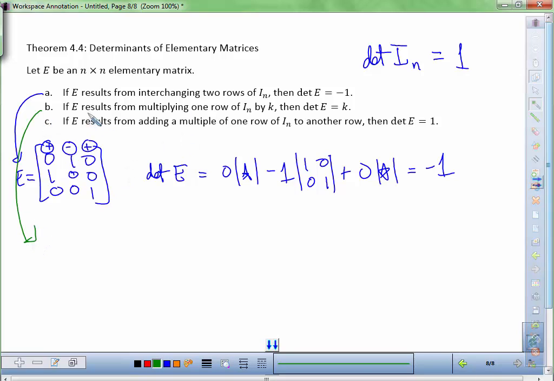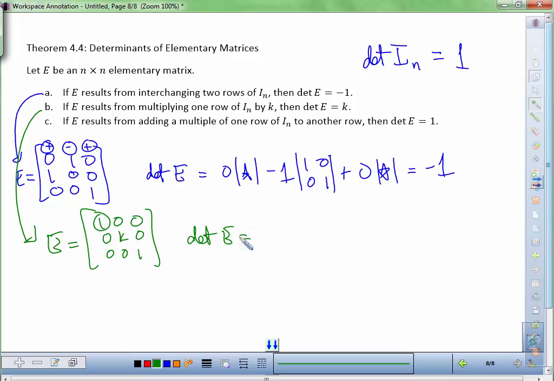For B, let E be the elementary matrix where we multiply one of the rows by K, and let's see what happens there. So let's multiply the second row by K. Then the determinant of E, we can expand by anything. Well, let's expand by the first row.